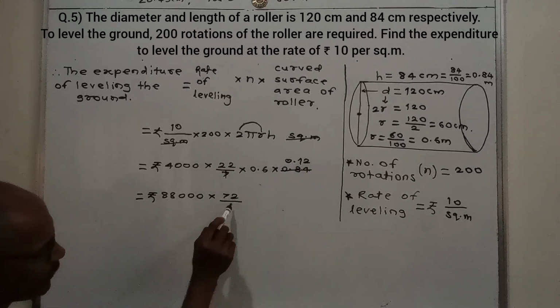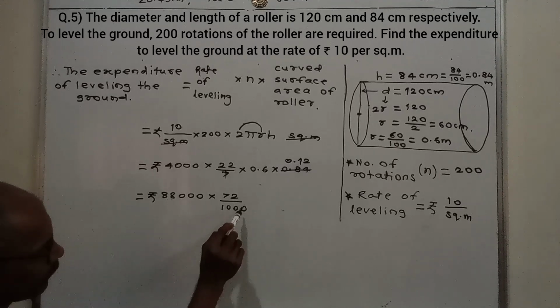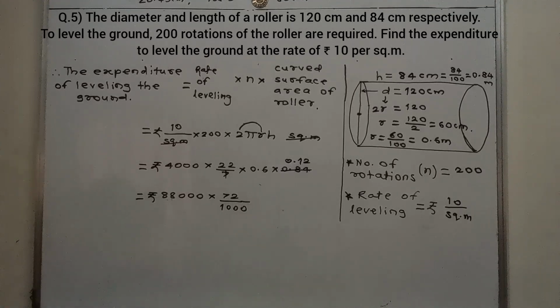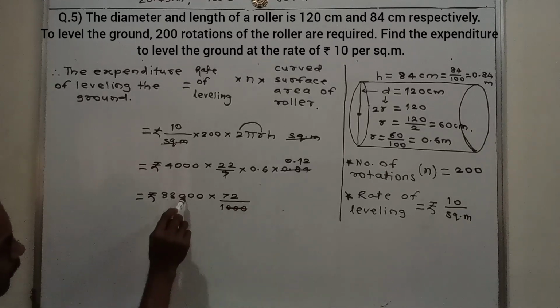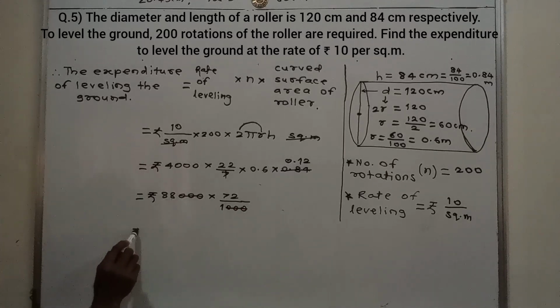How many decimal places? 3. We write the denominator 1000 for 3 decimal places. Did you get it? Then these are cancelled.